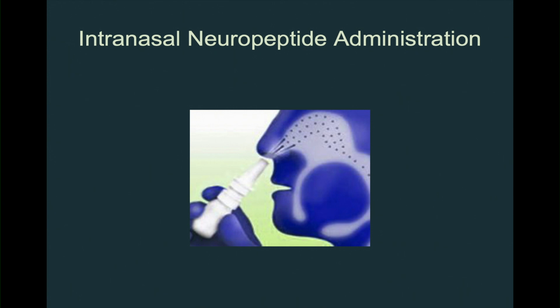And the main experimental tool that we have available to manipulate oxytocin levels in the human brain is intranasal oxytocin administration, which we now know can penetrate the blood-brain barrier and can access the brain.